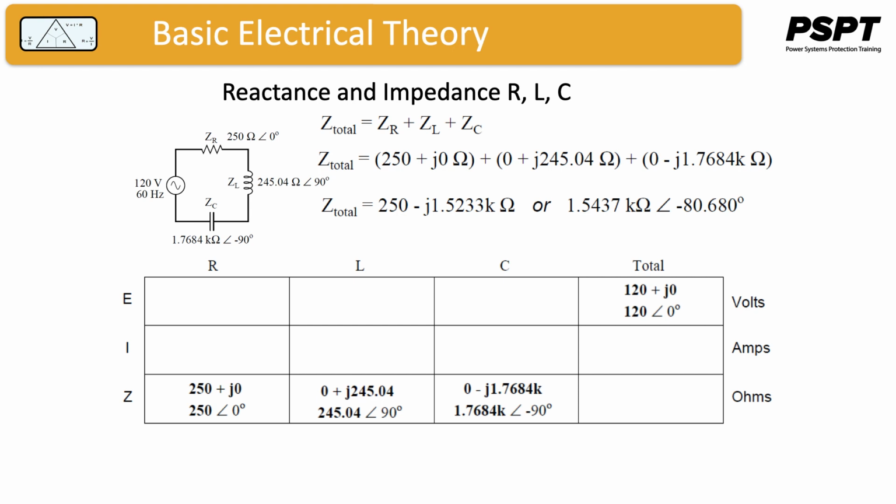Doing the math for those numbers, the total impedance is written in rectangular form: 250 ohms minus j1.5233 k ohms, or 1.5437 k ohms at minus 80.680 degrees. We can now plug that into our chart.